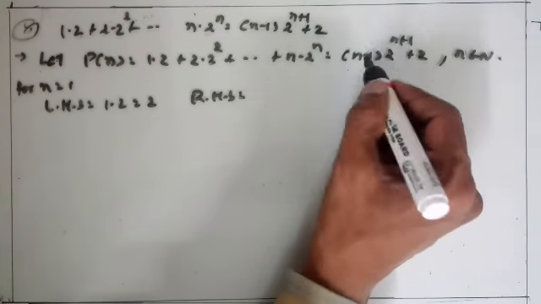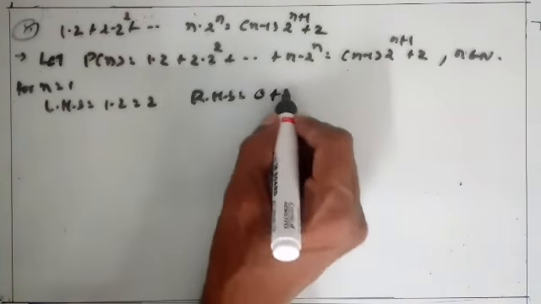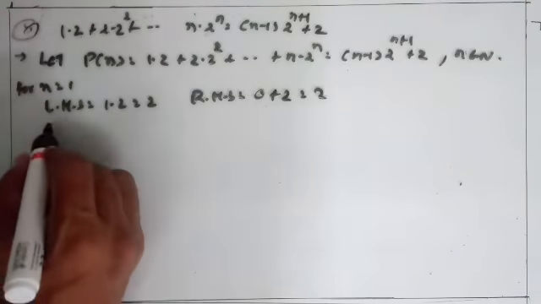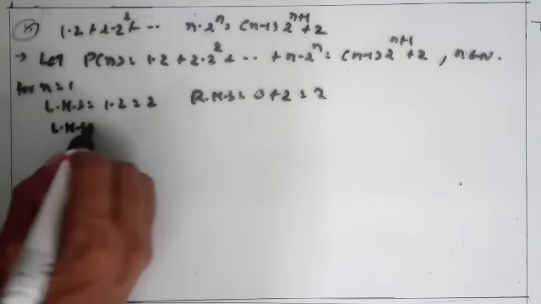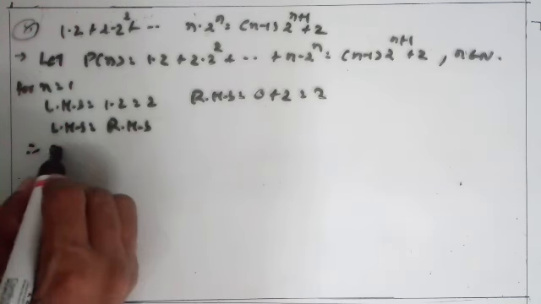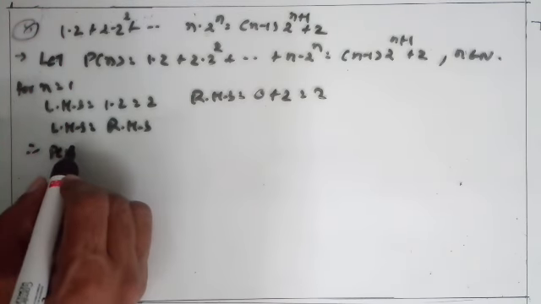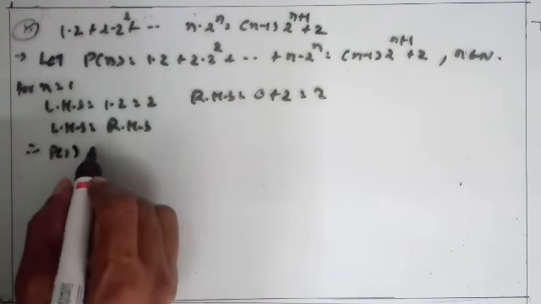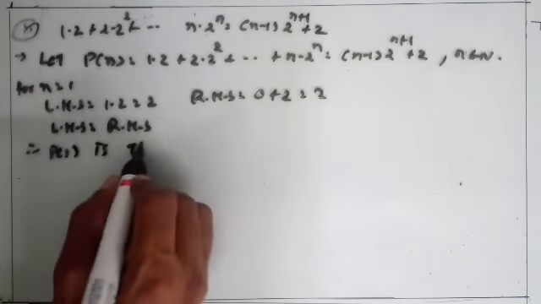So 2 raised to 2 into 0 becomes 0 plus 2 is equal to 2. So LHS is equal to RHS. Therefore Pn is true. That means P1 is true in short.